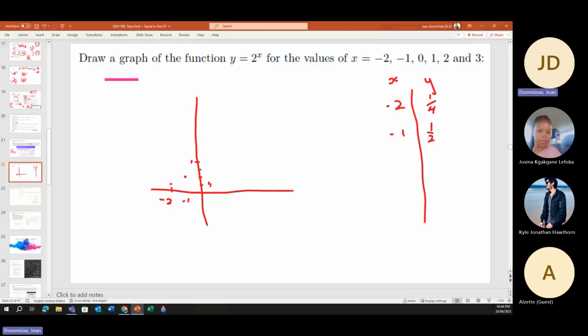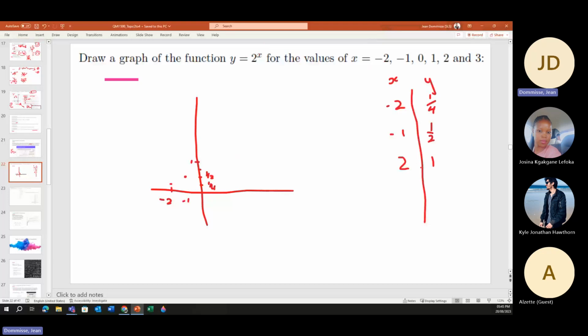So that was a quarter, and that is a half. Okay, 2 to the power of 0 is 1. Anything to the power of 0 is always 1.